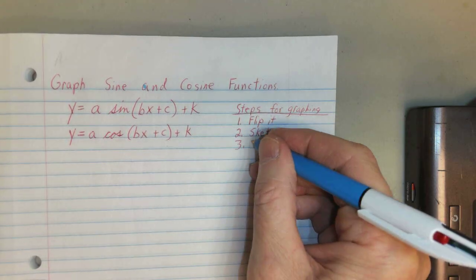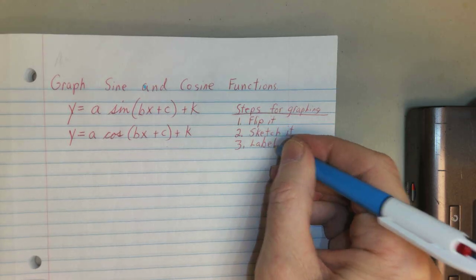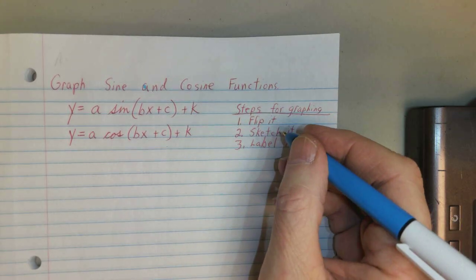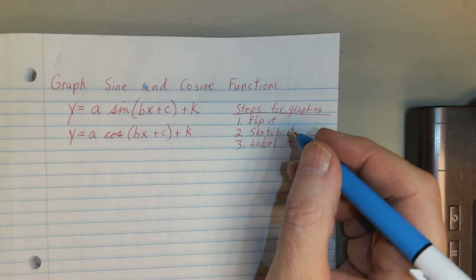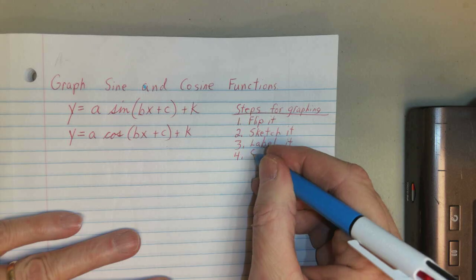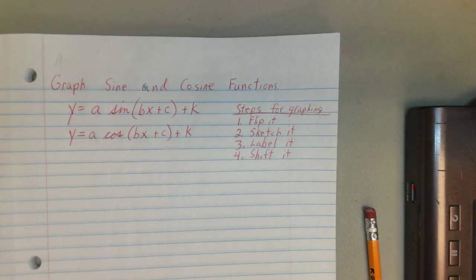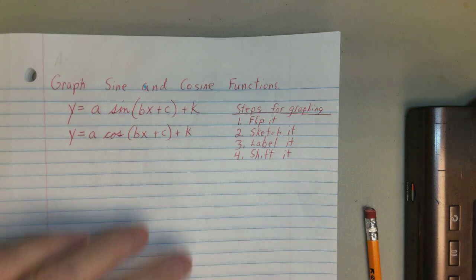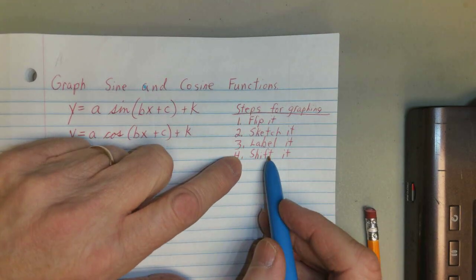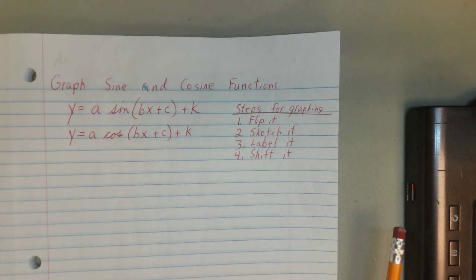After we sketch it, we're going to label it. And after we label it, we're going to shift it. I might start in pencil, especially if I need to shift, and then I will write my final answer in pen.